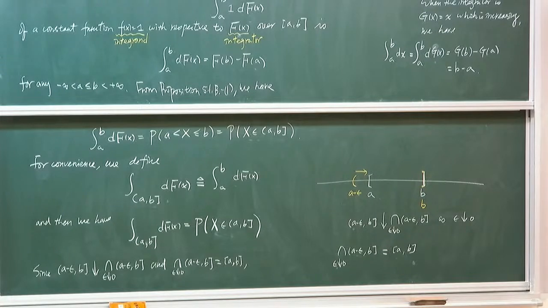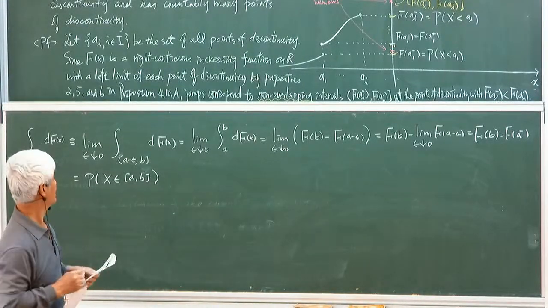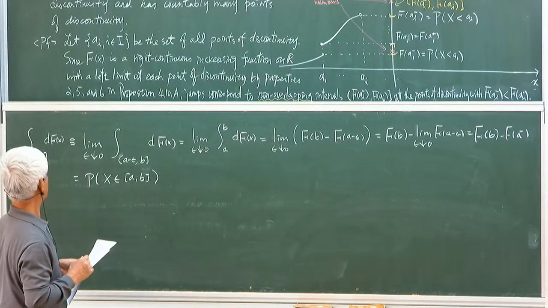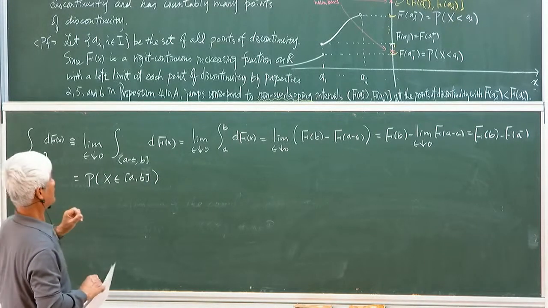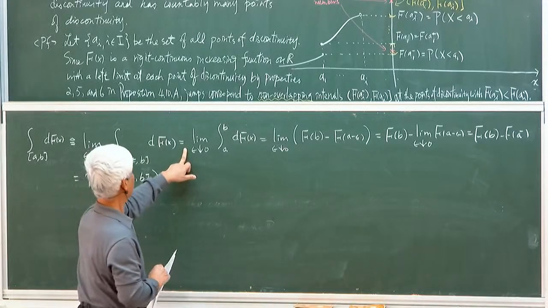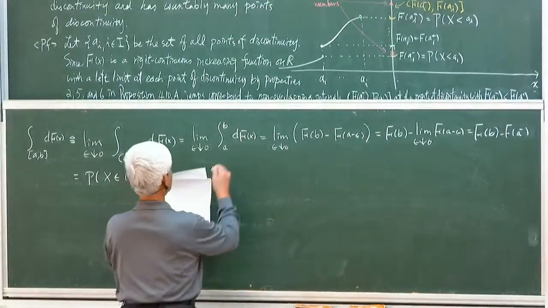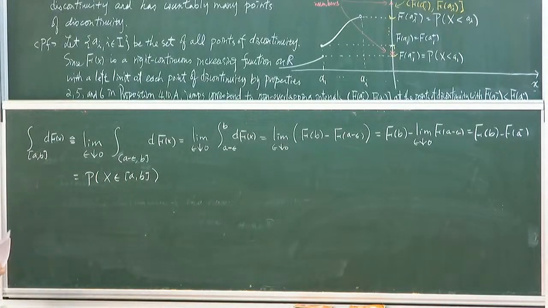So this is the probability of x in AB. Okay? Yes? Oh, yes, thank you. Good.